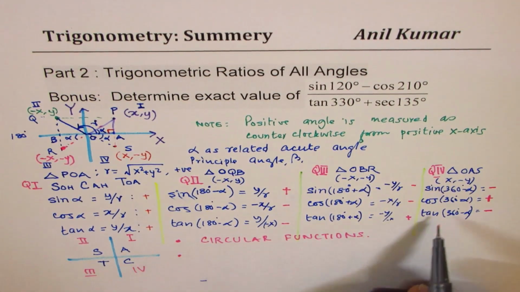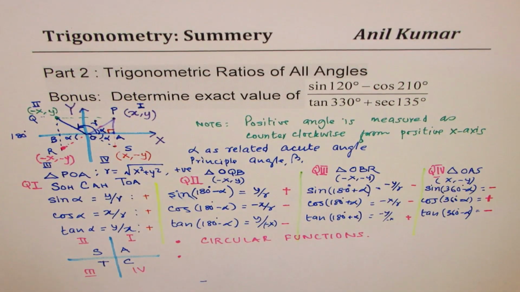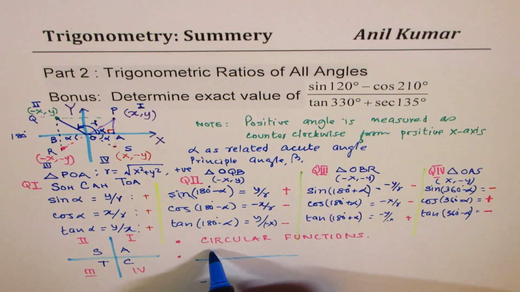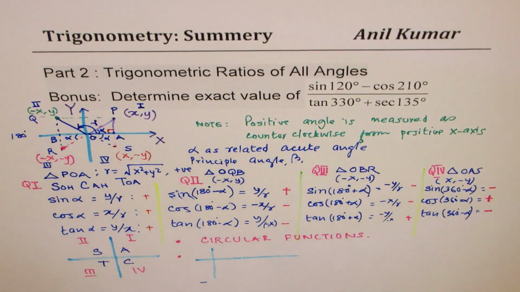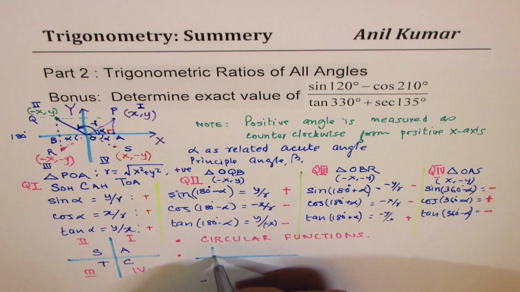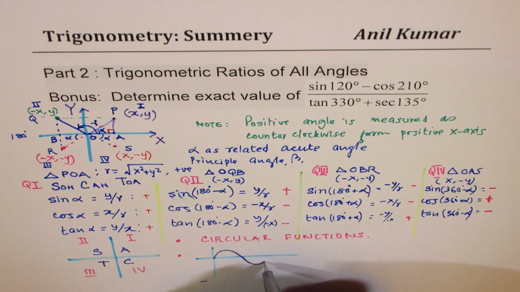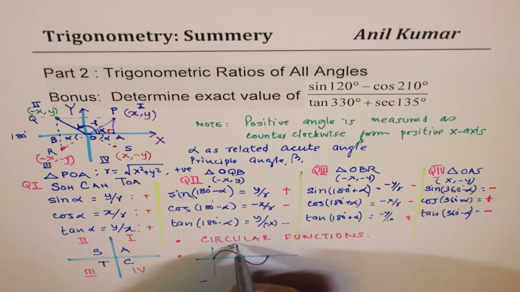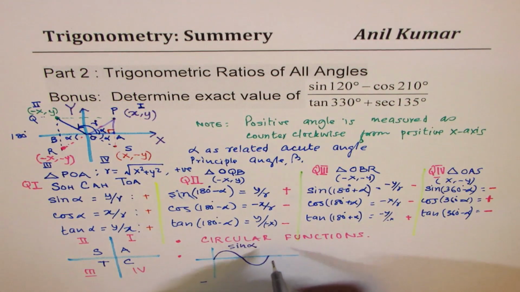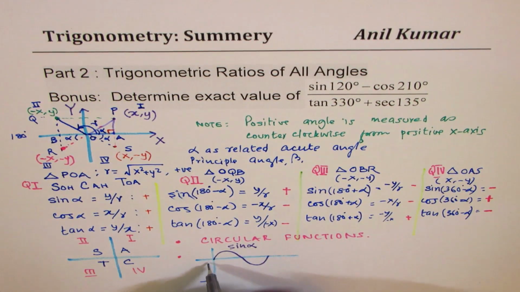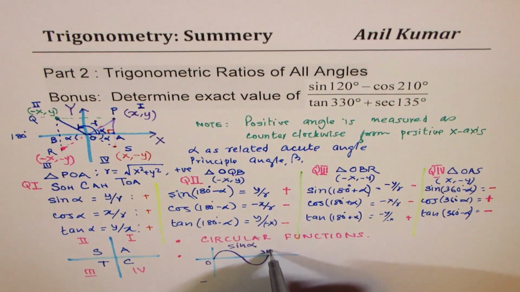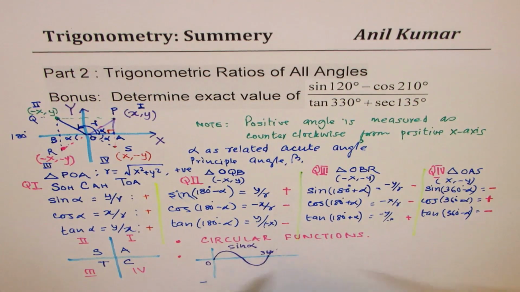And now, if I sketch these functions with all different values, starting with the first value, you will find that the sine and cosine could have values like this. So that is the sine curve. Sine alpha, when alpha changes from 0 to 360 degrees, right? After this, it repeats.